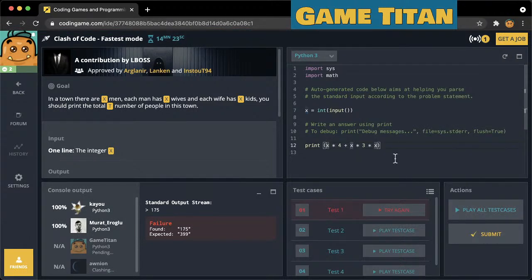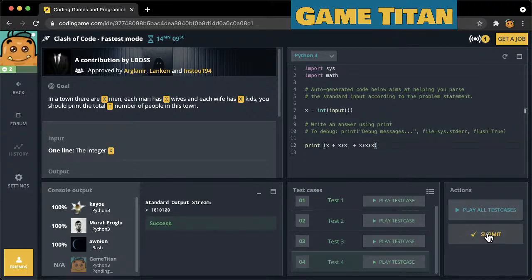X times 4. X men plus... Oh, sorry. X times X is the number of wives plus each wife's X times X kids. There we go.